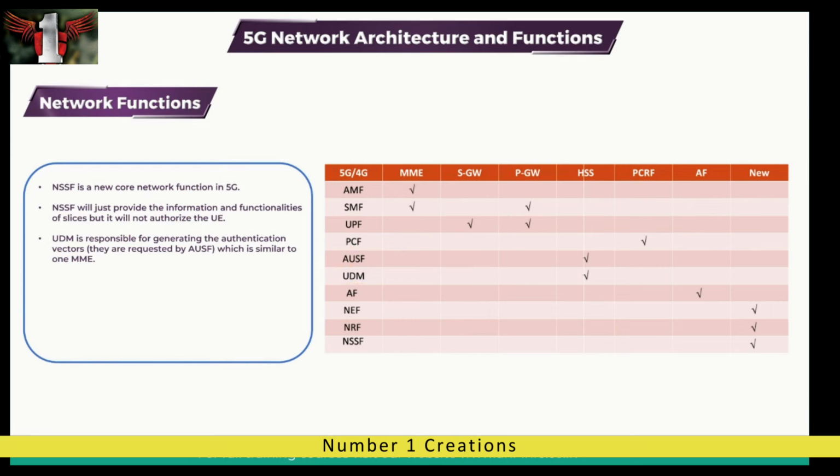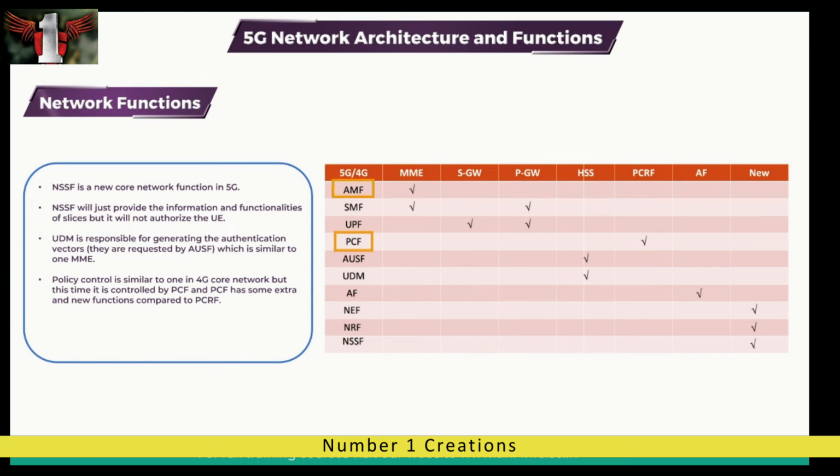UDR is like a database to store subscriber information, application-specific data, and policy data. Policy control is similar to 4G core network, but this time it is controlled by PCF, and PCF has some extra and new functions compared to PCRF, which is in 4G.